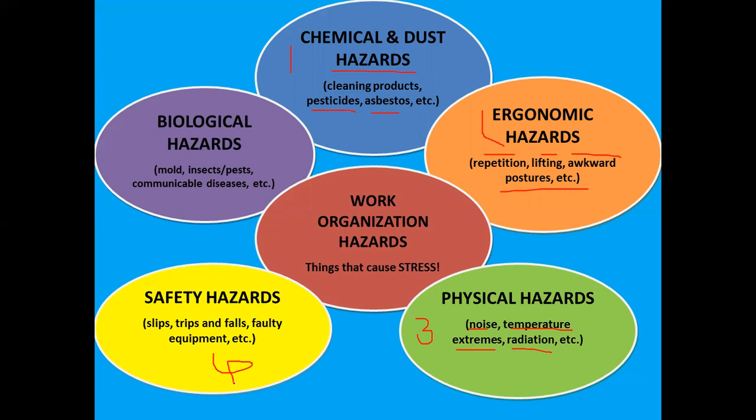This all comes under safety hazards. Next one is work organization hazards, things that cause stress. So these are some of the health hazards regarding their main concepts: biological hazards, physical hazards, ergonomic hazards, safety hazards, and chemical and dust hazards.